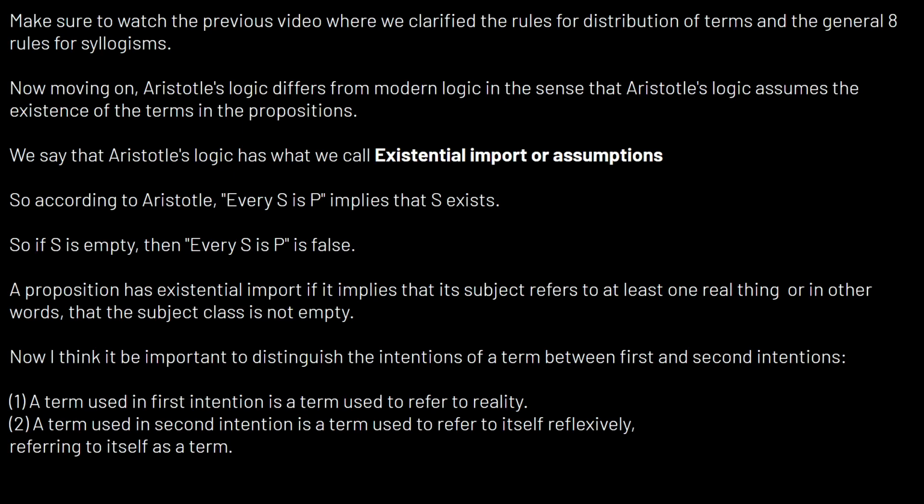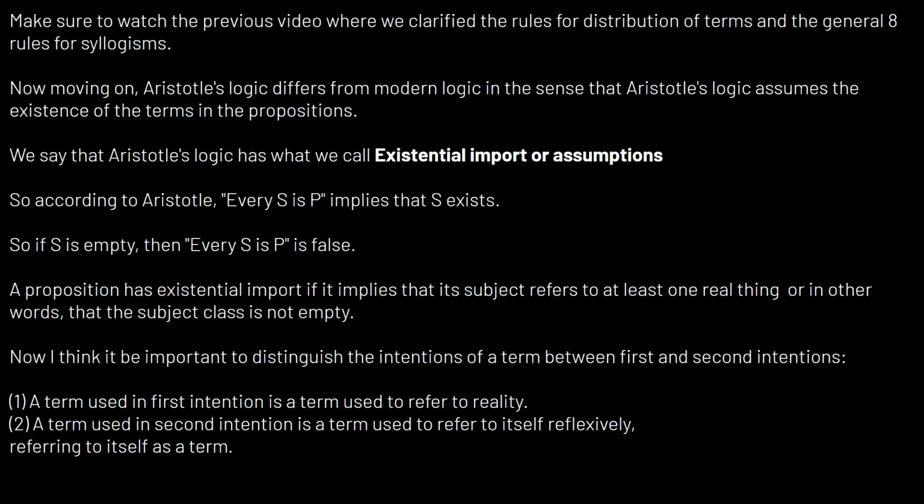So according to Aristotle, if I say every S is P, that implies S exists. If S is empty, meaning there is no S in reality, then every S is P is false. So if I say every unicorn has a horn, that statement, according to Aristotle, is false, even though a horn is contained in the concept of unicorn.